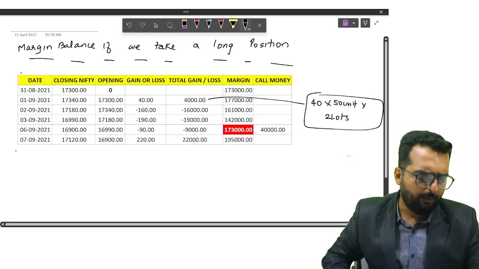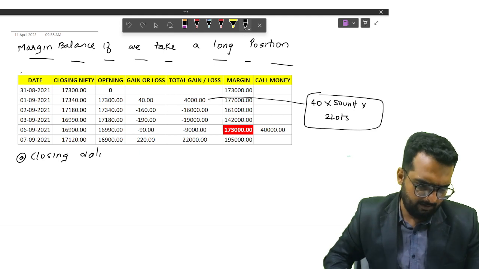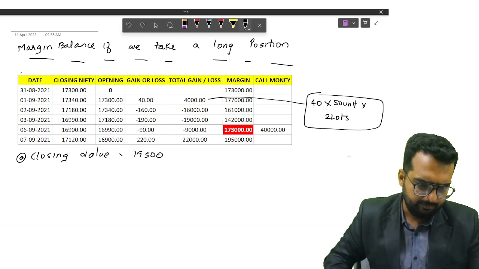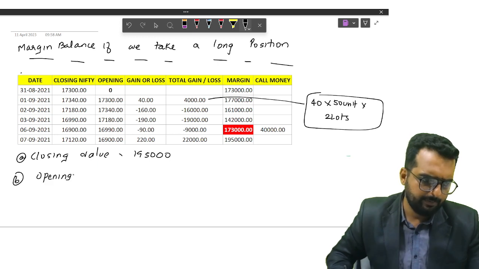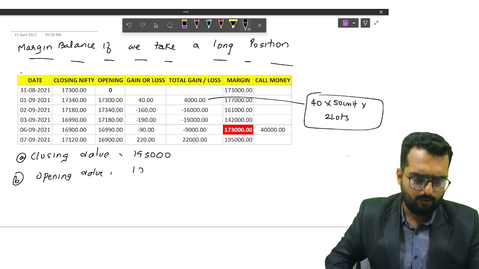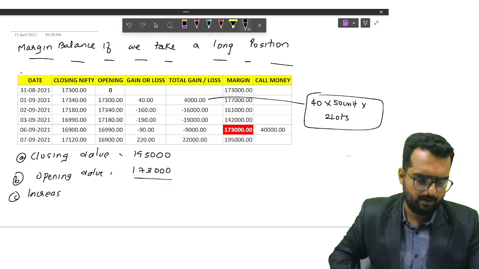Okay. So now if I want to find out the overall gain or loss, everyone interact with me. How much is my closing value? 1,95,000. How much was my opening value? 1,73,000. So actually what is the increase in the value?